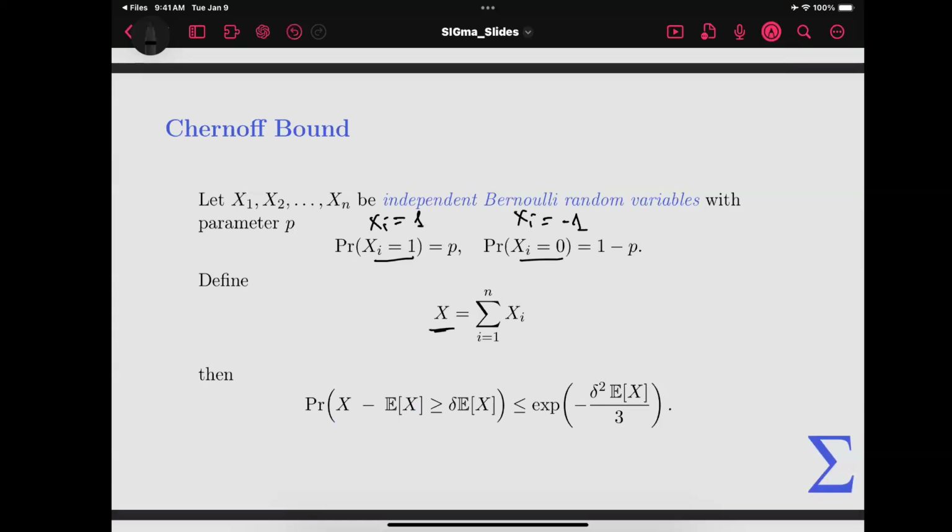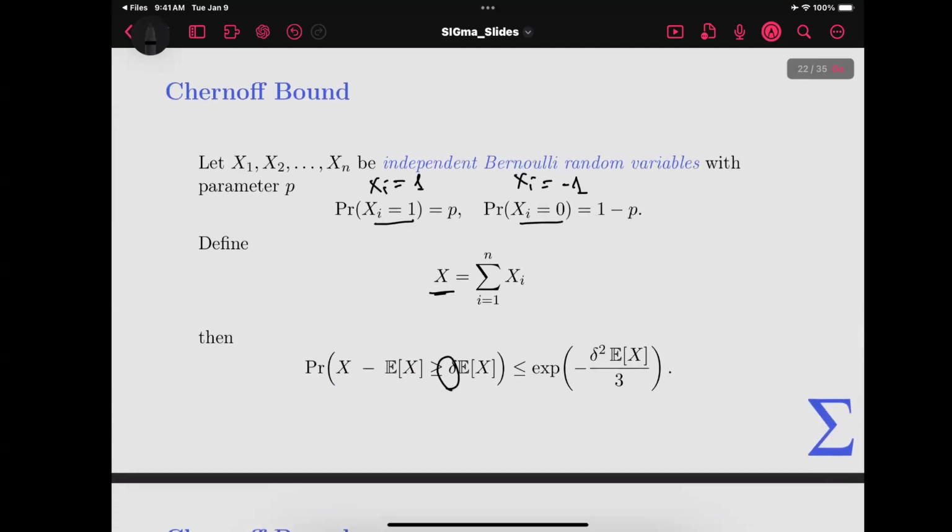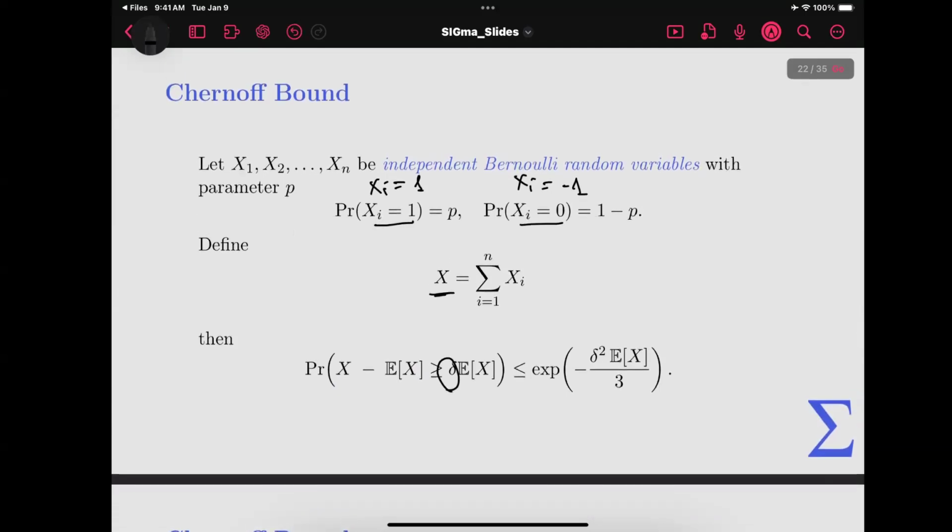If your setup satisfies these two conditions, then the probability of x bigger than (1 plus a constant) times the expected value of x is bounded by the exponent of the constant squared multiplied by the expected value of x, divided by 3. You can read more about the proof, but what I bring today is the application.